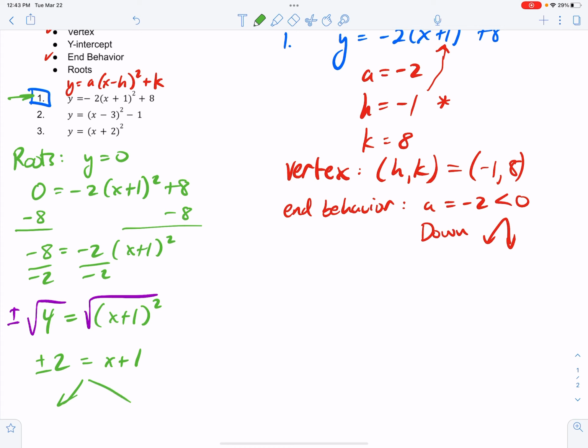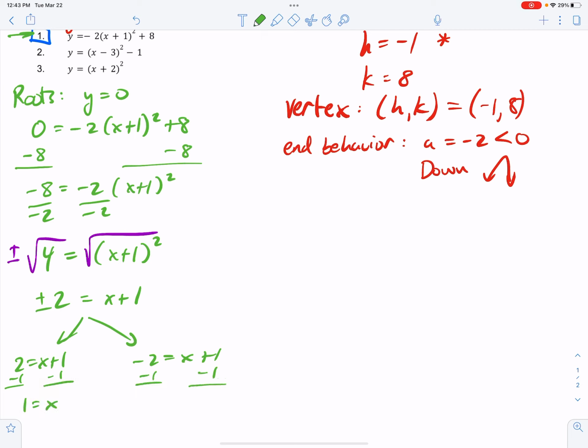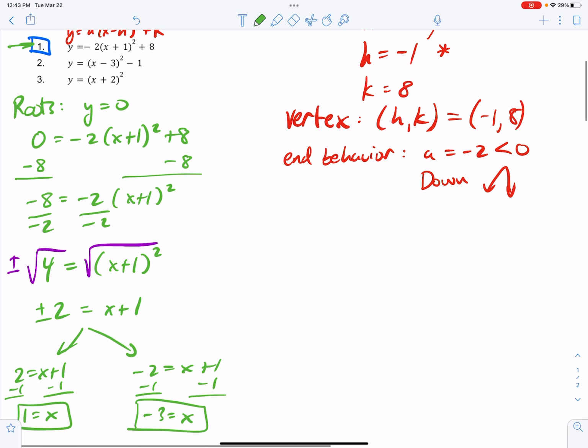And so in class, this is where we wrote our two equations: 2 equals x plus 1, and -2 equals x plus 1. We solve each of those equations. 1 equals x, and -3 equals x. So the roots are 1 and -3 for problem 1.